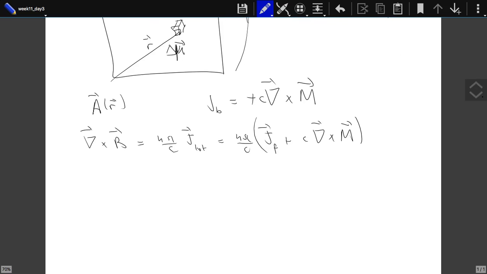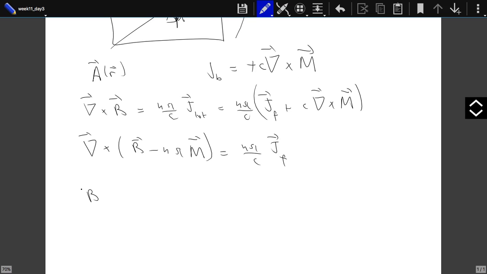And so if we wanted to define a field just like in electrostatics, where we define this D field whose equation only depends on the free charges that we put, we also want to define some field which depends only on the free current. So what we did was the curl of B minus 4 pi M equals 4 pi over C times the free current.